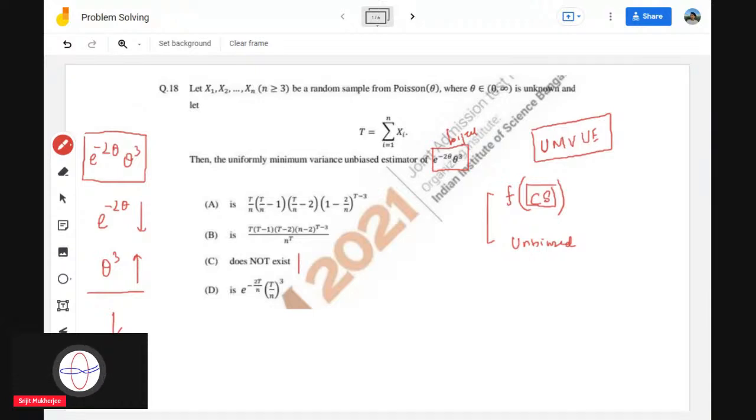You have one month of exam left, and if you can't answer this right now, that's bad. Yes or no? Why? Give an example. So let's say this is asked, what will you write? Give an example where UMVUE doesn't exist.